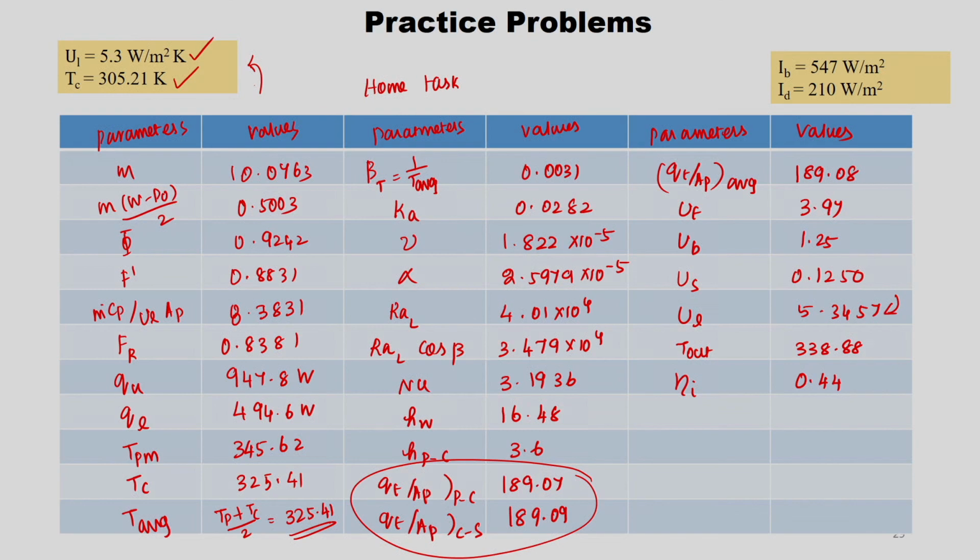Now, as I said earlier, to guess correctly you might do it twice or thrice, or if you have experience, for this simple liquid flat plate collector mostly the plate mean temperature would be around 350 Kelvin, right. Last time we got 346, but now 345, right.